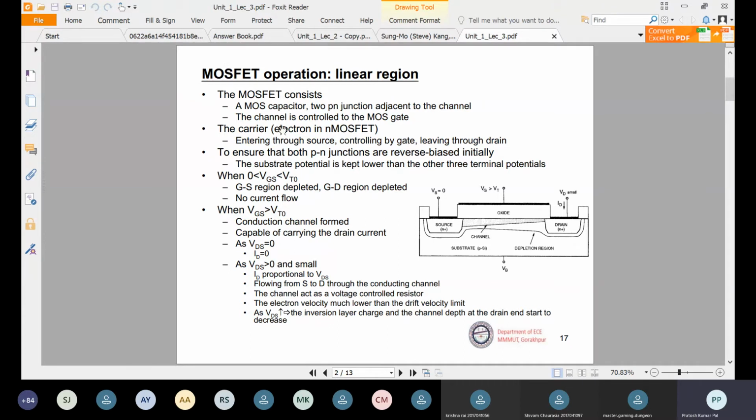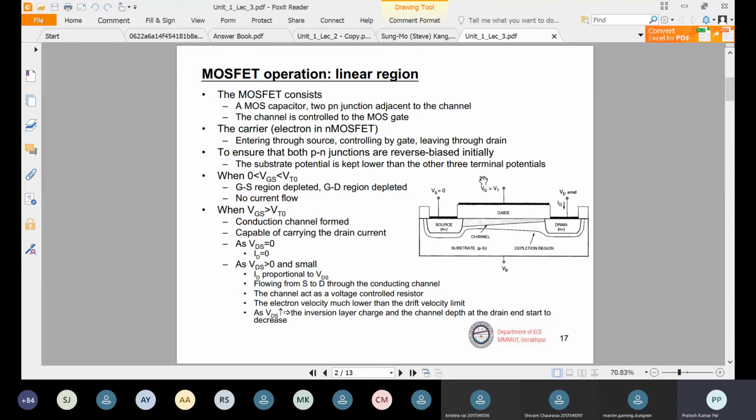So we will see, based on the controlling voltage, that is the gate voltage, how this is operated. It basically operates in three different regions. If we apply a gate voltage between 0 and the threshold voltage, the gate to source region will be in depletion mode.